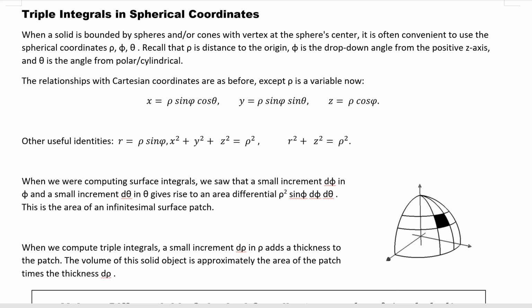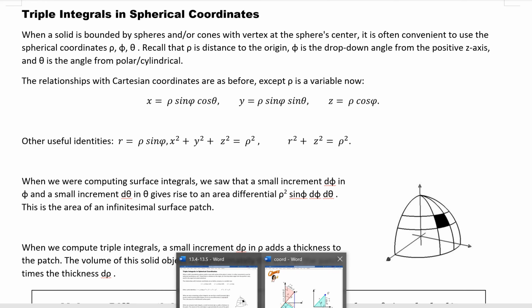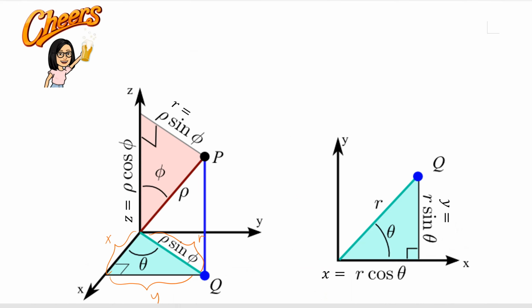Let me show you the other picture I have. So this is the picture. P is a point in space, right? Phi is the drop-down angle starting from the z-axis, so we drop down phi. And then theta is the angle.